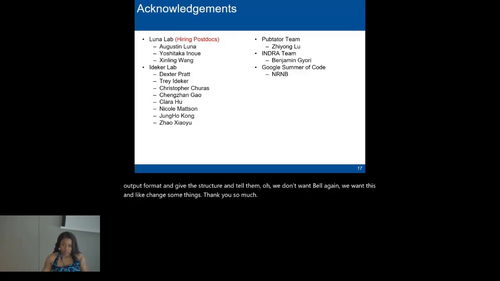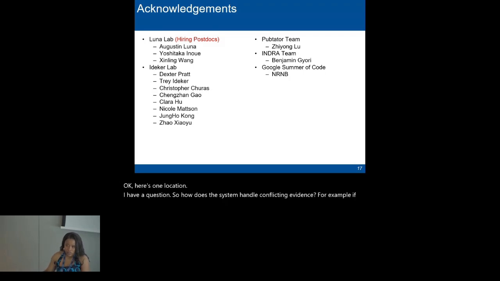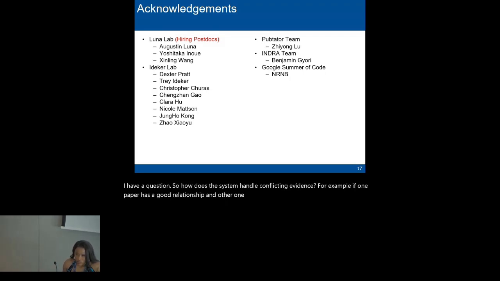I have a question. How does the system handle conflicting evidence? For example, if one paper has one piece of evidence supporting a hypothesis and another paper has conflicting evidence, is there a way to prioritize one over the other?